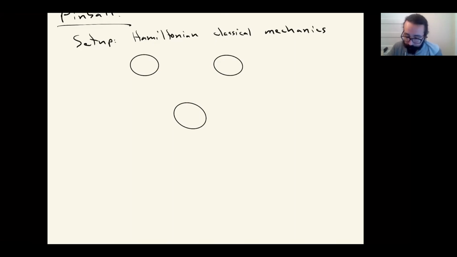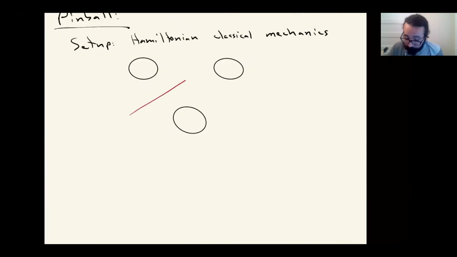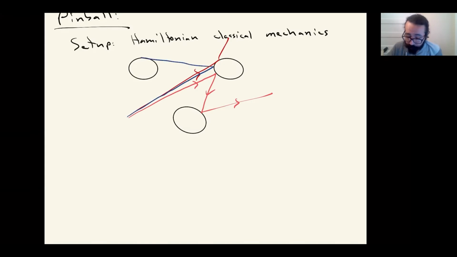Actually, let me draw a few of these to be precise. So we can have something like this guy bounces there, one starting nearby, bounces there, and this guy in the middle bounces twice before escaping.